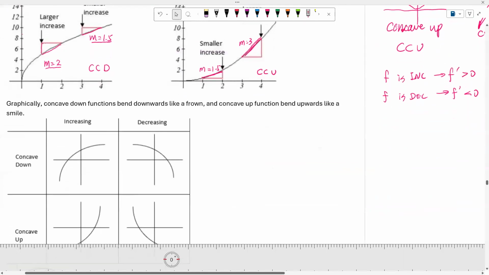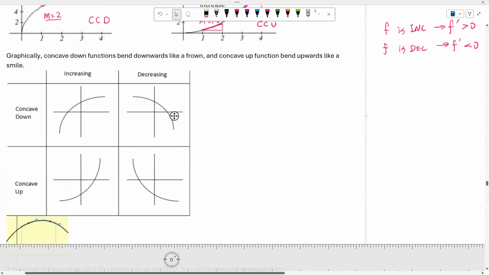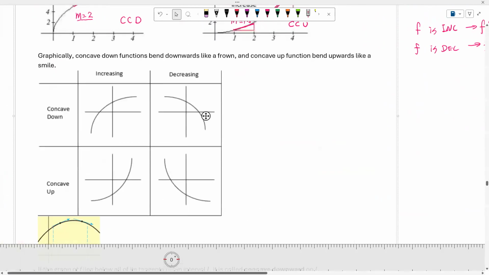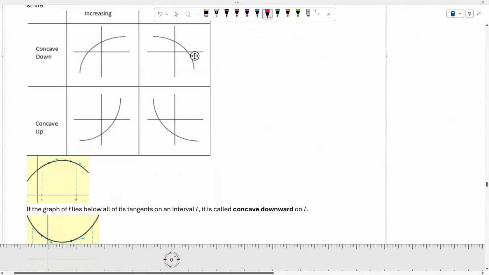Graphically, concave down functions bend downward like a frown, and concave up functions bend upward like a smile. Therefore, you will see that this is the graph of f below.